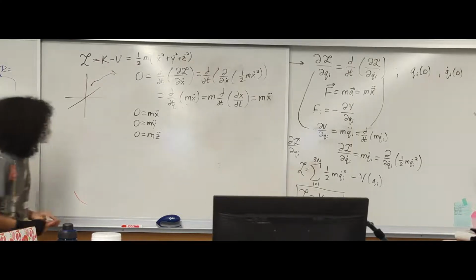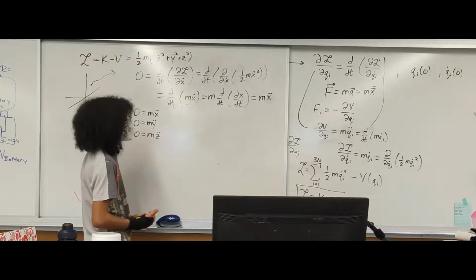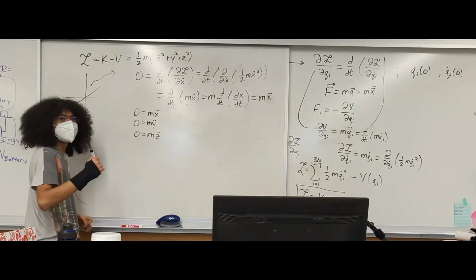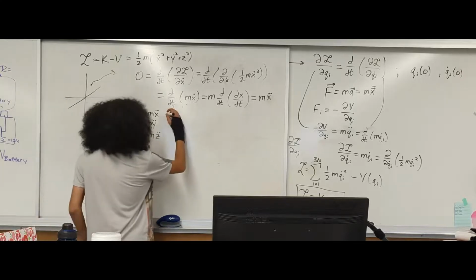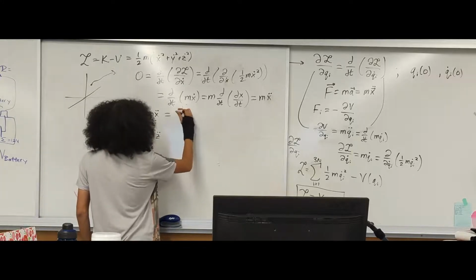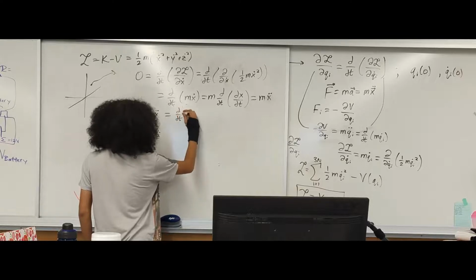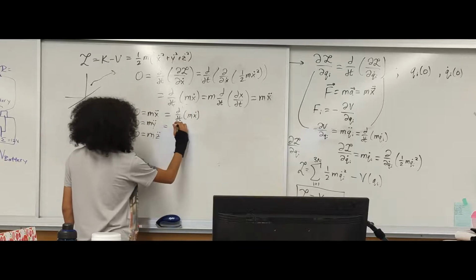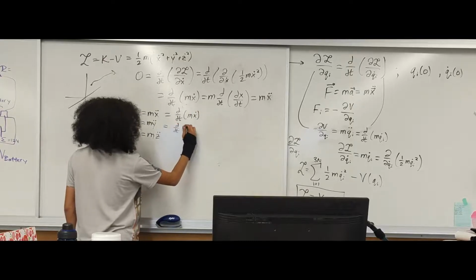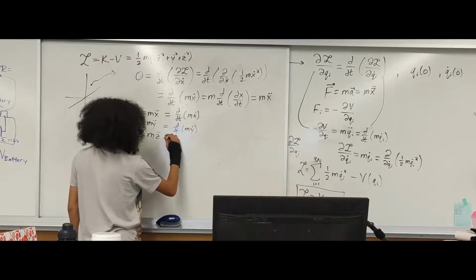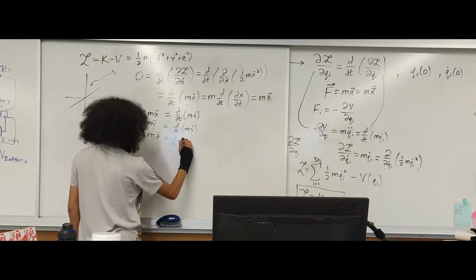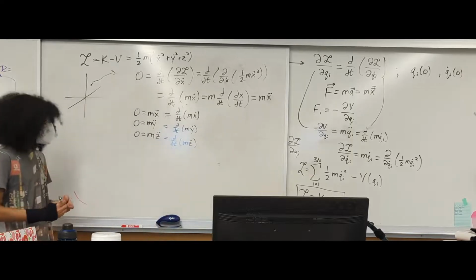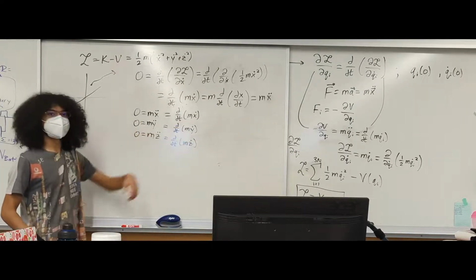So, some things to notice. Each of these are the time derivatives of the mass times the velocity in that direction, right? So what are each of these in what you're familiar with?